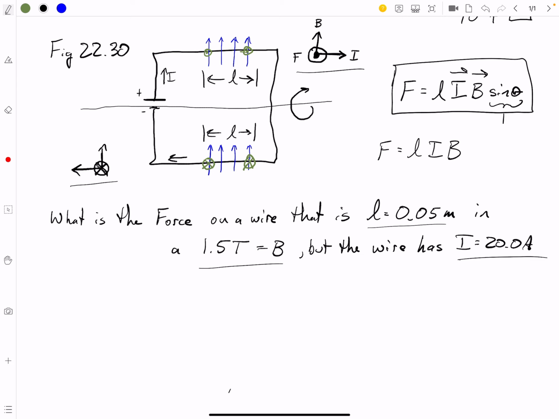We're doing example 22.4, and the diagram is figure 22.30. Okay, so that'll show you exactly what we're looking at.